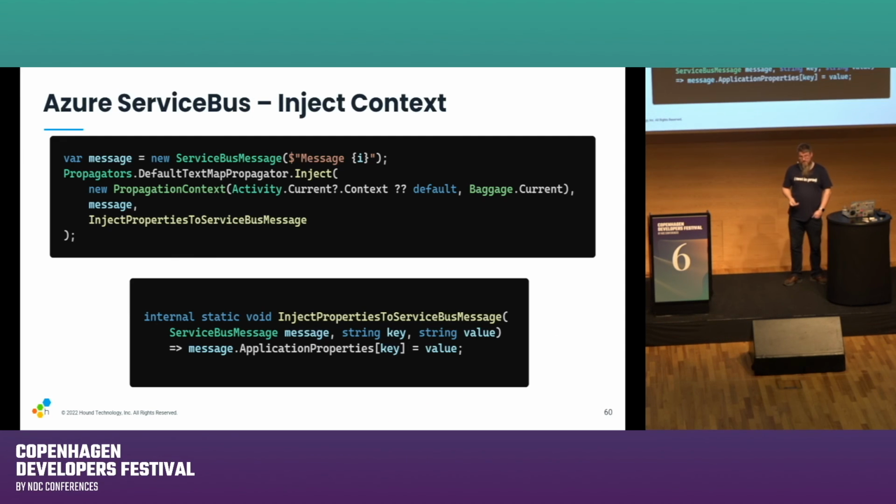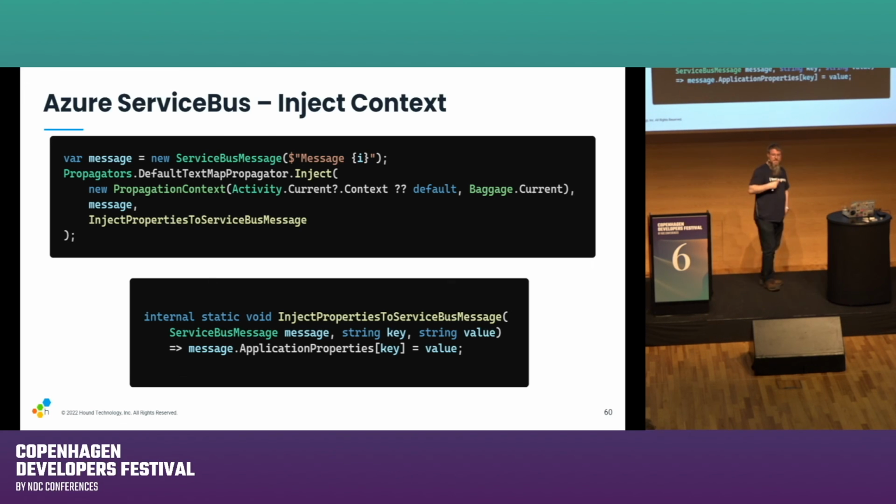So in Azure Service Bus, this is what you can do now without using the experimental stuff within the Azure Service Bus SDKs. When we create a message in Azure Service Bus, we new up an object called Service Bus Message, which has headers or properties. It's called application properties. And from there, we can inject into our application properties our trace context.